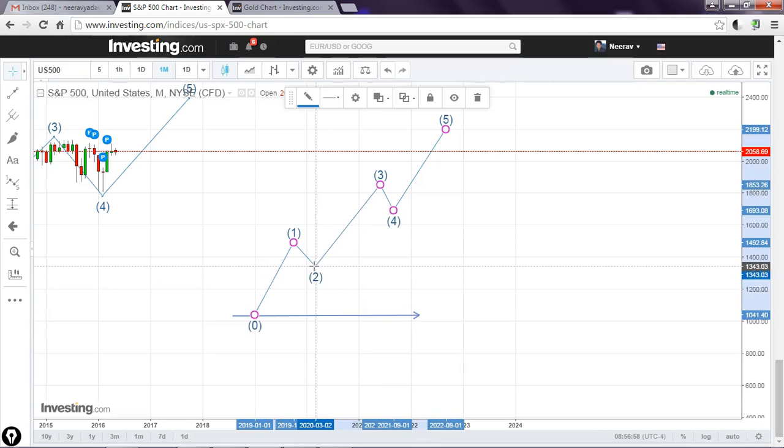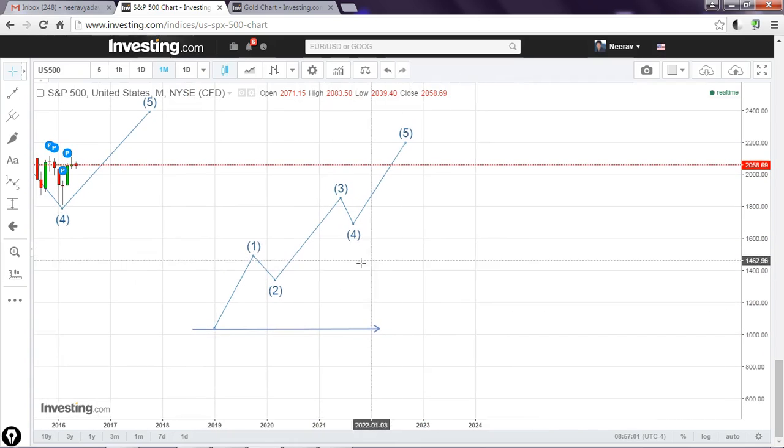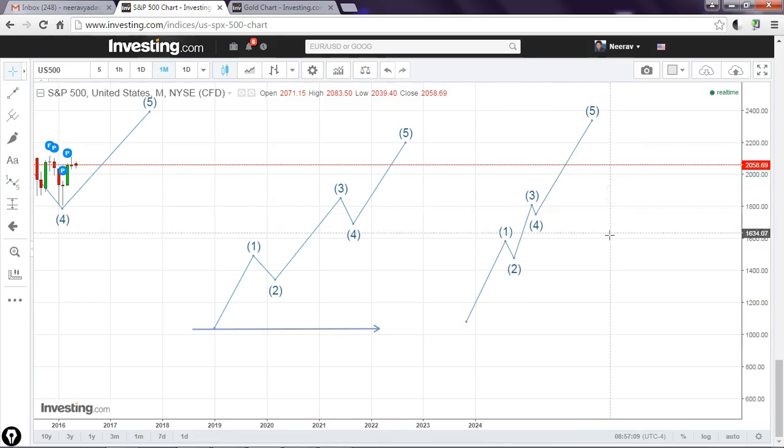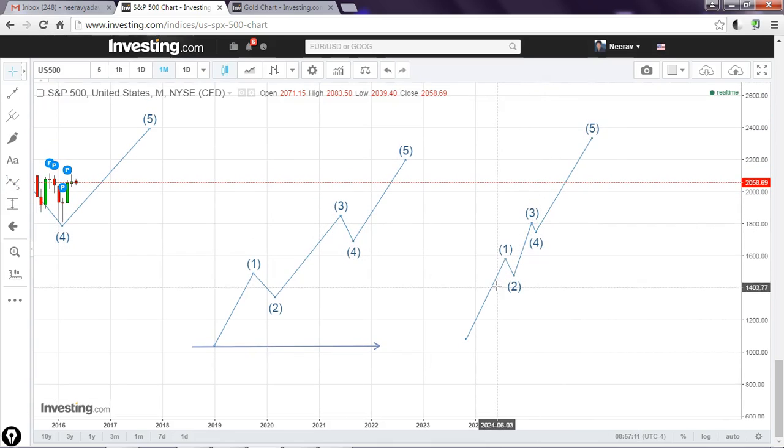So as per this rule, if I am to draw a progression which is something like this, then clearly in this progression, if I compare the length of waves 1, 3 and 5, we can simply see that 3 is the shortest over here. But let me use this simple arrow to compare the lengths.